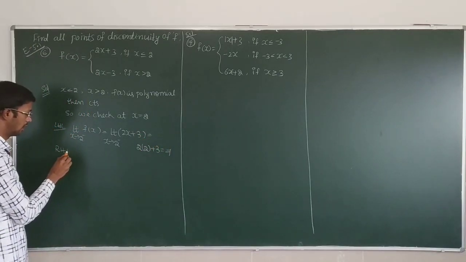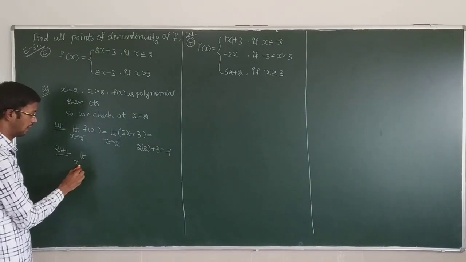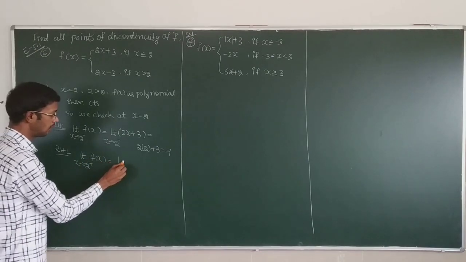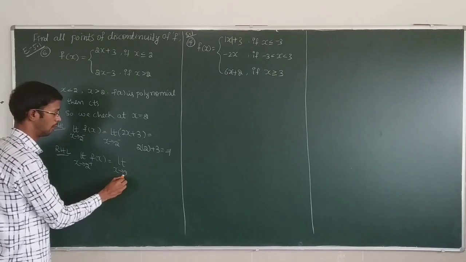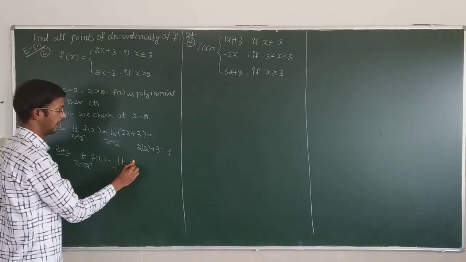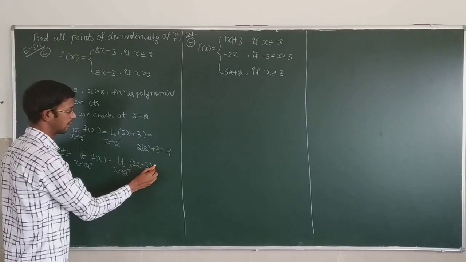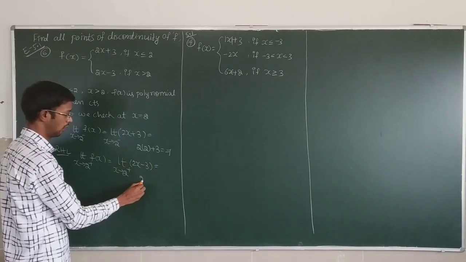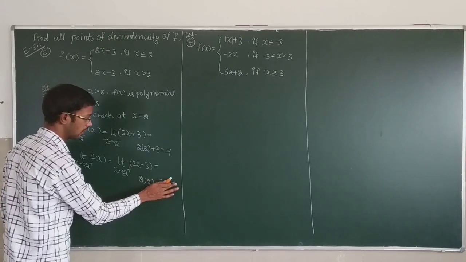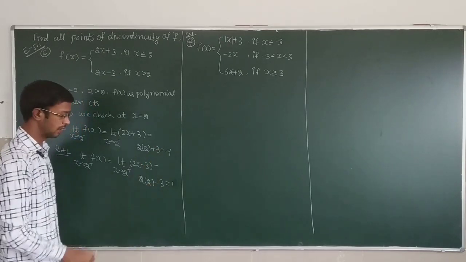RHL, limit x tends to 2 plus f of x. What is the f of x value? For x greater than 2 it is 2x minus 3. So 2 into 2 minus 3 is equal to 1.